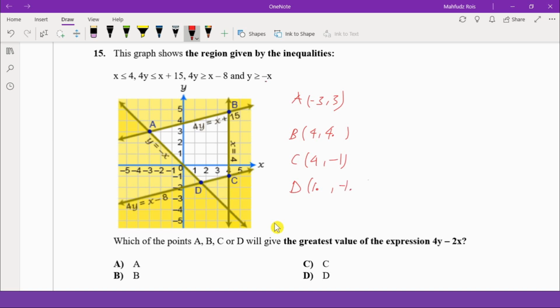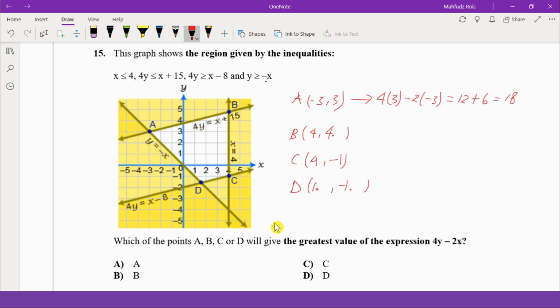All right, so since we want to find the greatest value for this one, let's just plug in its value here. 4 times 3, because the y is 3, minus 2 times minus 3, because x is minus 3, so it will be 12 plus 6, so it will be 18.